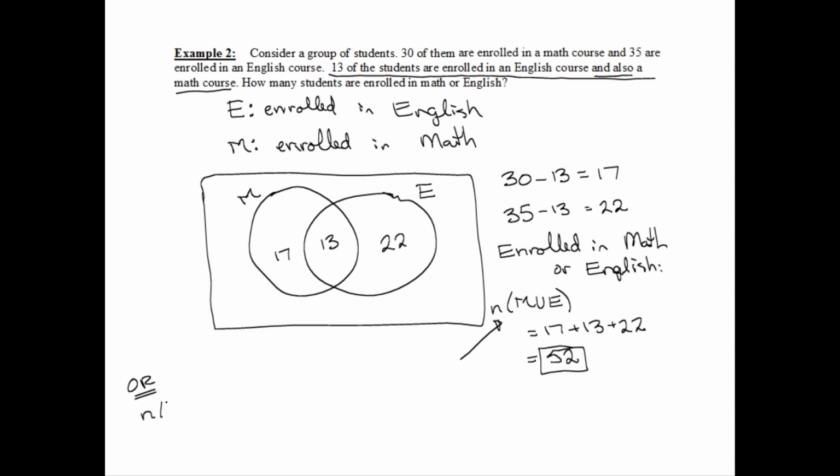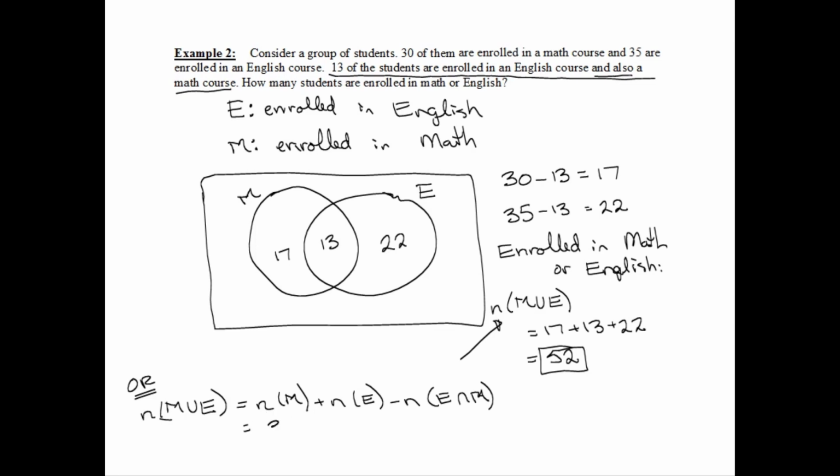The number in M union E is equal to the number in M plus the number in E minus the number in the intersection. What we really need to do is subtract the ones in the intersection because they are getting counted twice. They're members of M and also E. We do not want to count them twice, so we have to subtract it.